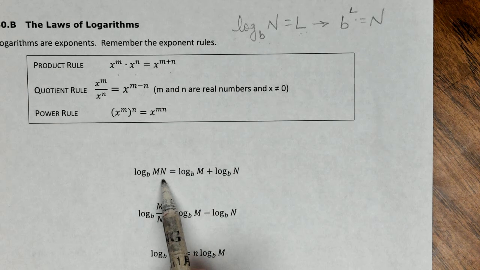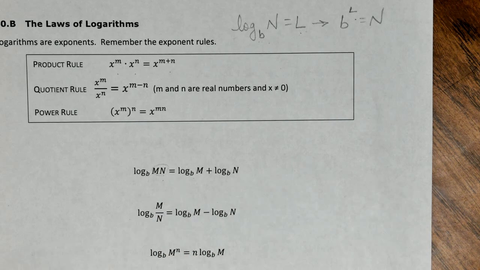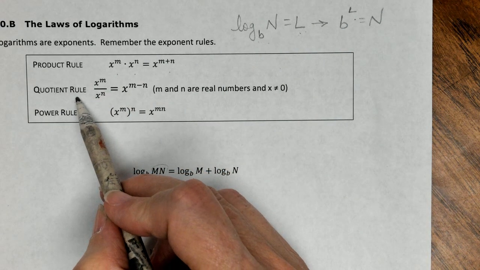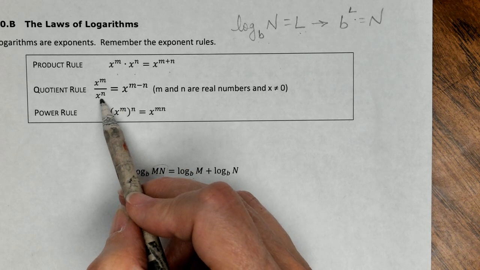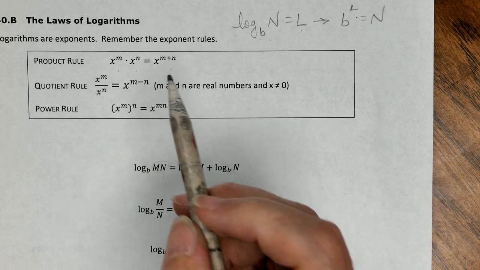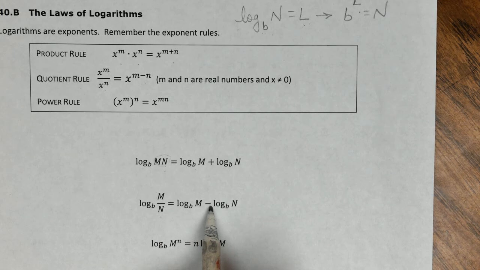That's what's down here. When you're multiplying, m times n is there, you add them. You can split them up or put them together, whatever is helpful in simplifying things. The quotient rule for exponents. When you're dividing and they have the same base, you subtract the exponents. So when you're dealing with logs, since logs are exponents, when you're dividing, you subtract.